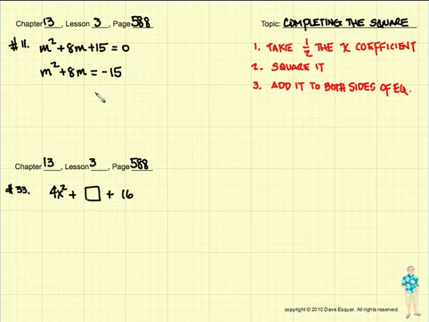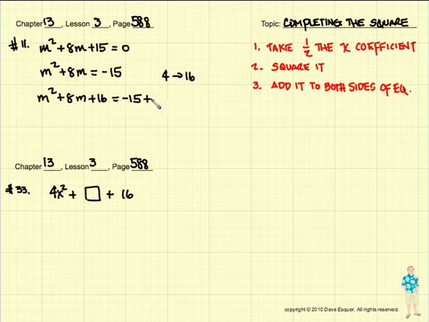So let's take half of the 8, that's 4. Square the 4, that gives me the 16, and we're going to add that to both sides. So we have m squared plus 8m plus 16 is equal to minus 15 plus 16. So this gives us m squared plus 8m plus 16 is equal to negative 1, positive 1, sorry.